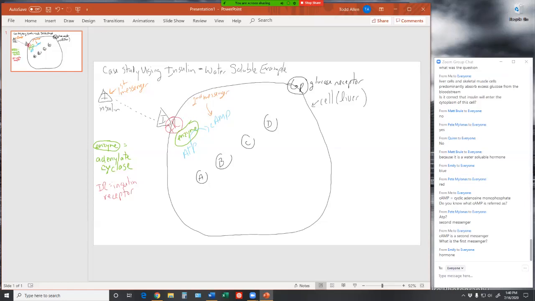But the basic idea is that once you get the second messenger, cyclic AMP, manufactured, that is going to initiate a domino effect, a billiard ball response, where you have cyclic AMP go over and activate molecule A. Because molecule A has been activated, it's going to go over and activate molecule B. Because molecule B has been activated, it's going to go over and activate molecule C. Because molecule C has been activated, it's going to go over and activate molecule D. That's what I mean by the billiard ball or domino response.